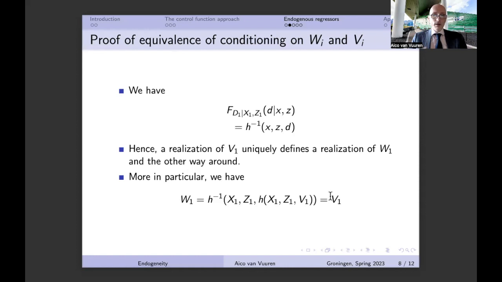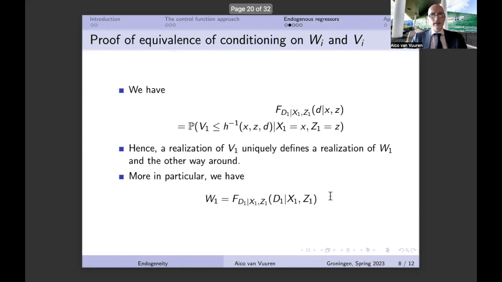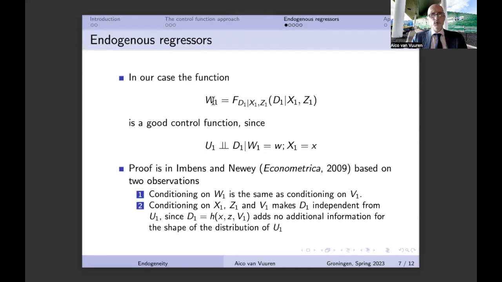This was a lot of mathematics, but we should take into account that this is actually quite intuitive. It's actually not that difficult to understand that this is true. And the reason behind that is, first of all, what is W1? Well, we can calculate W1 for every individual if we know the distribution function.